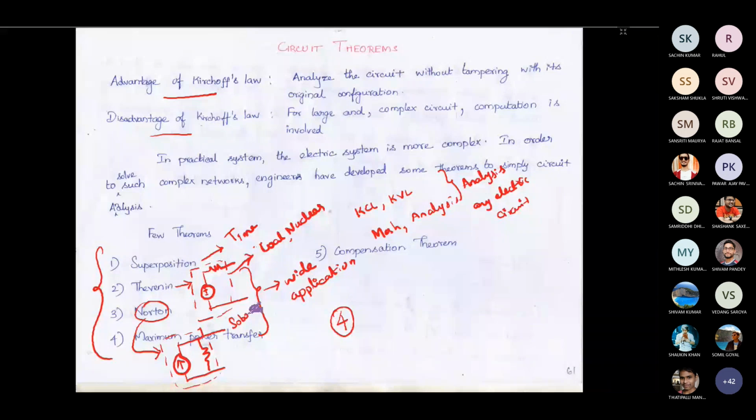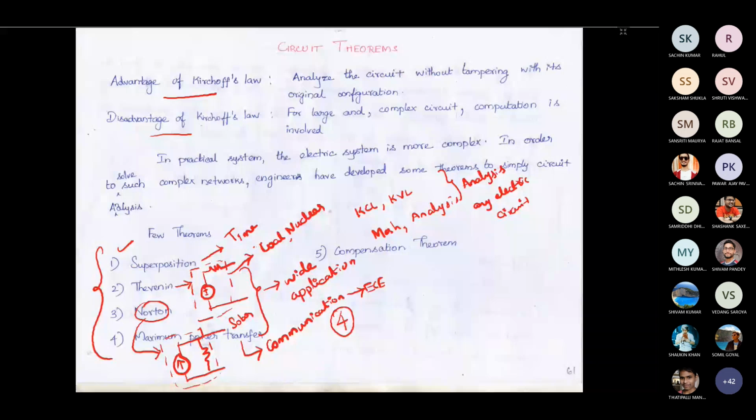And this theorem is the maximum power transfer theorem. This theorem is very essential from the communication perspective, especially for ECE students. We will see one by one later. When the system is becoming more complex, each of these theorems will be helpful for us at some point of time. So let us see each theorem.